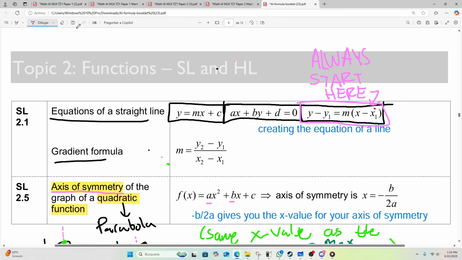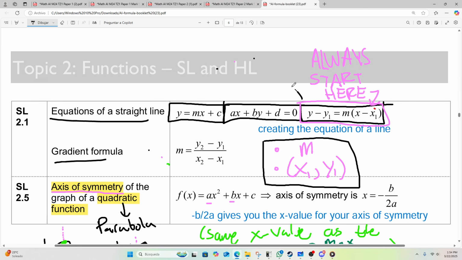And what do you need to fill in? You need to fill in y1, x1, and m. That means you need to fill in m and a set of points. That's literally it. What I'm trying to tell you is that for creating the equation of a line, you only need the slope and a set of points.